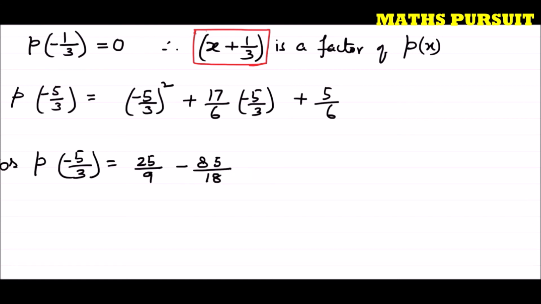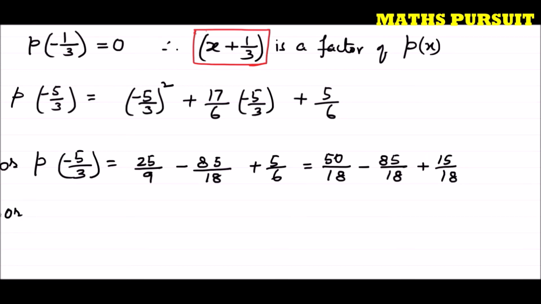What we are getting is minus 85 upon 18 plus 5 upon 6. Now taking again the LCM as 18, I can write this as 25 twos are 50 by 9 twos are 18, minus 85 divided by 18, plus 6 3s are 18, so 5 3s are 15 divided by 18.